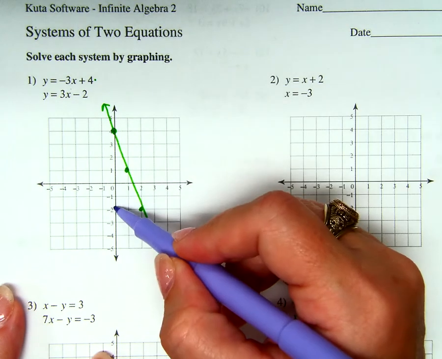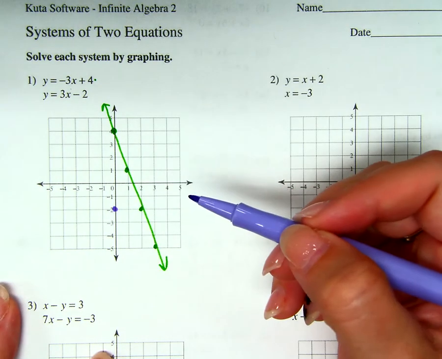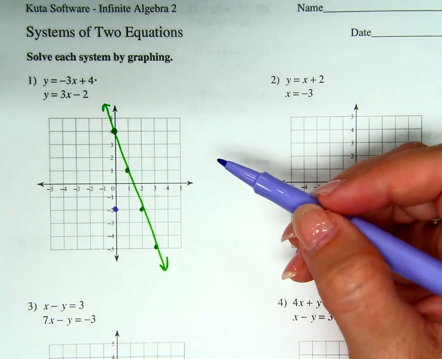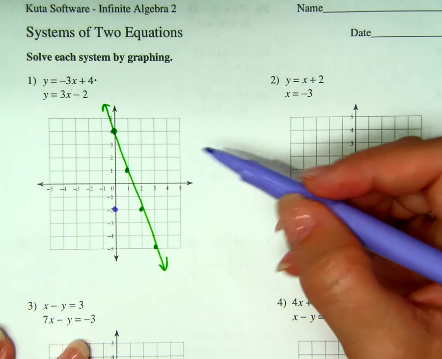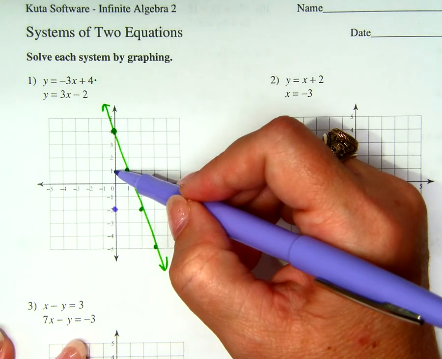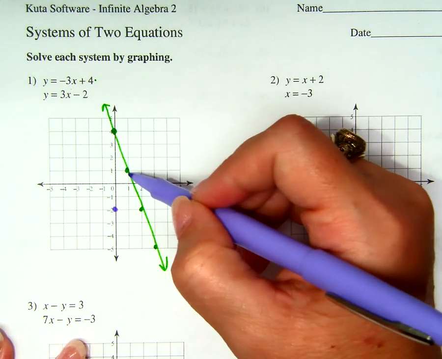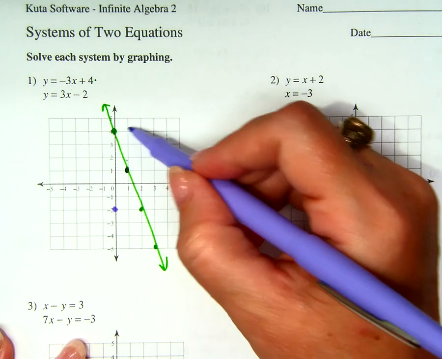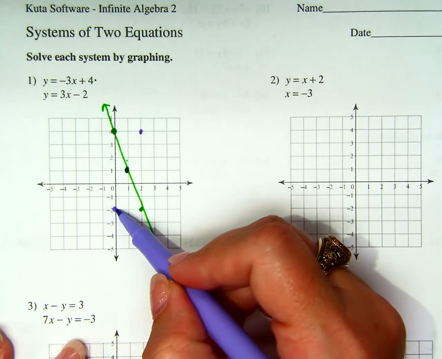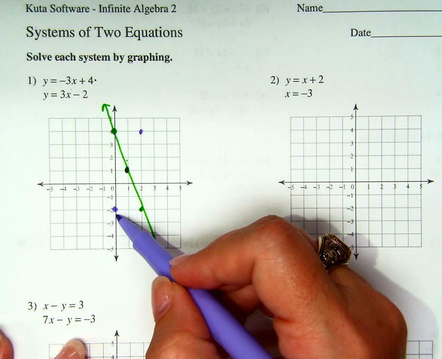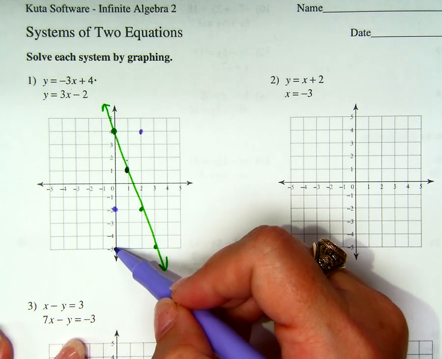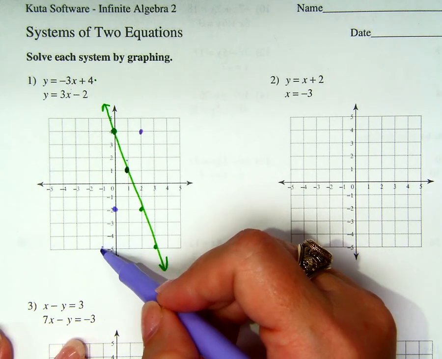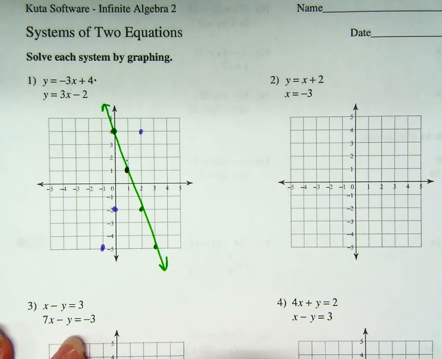So go down 2 on the y-axis. Rise 3, run 1. Rise 3, run 1. From this point, could I fall 3? As long as I run backwards 1? Okay.